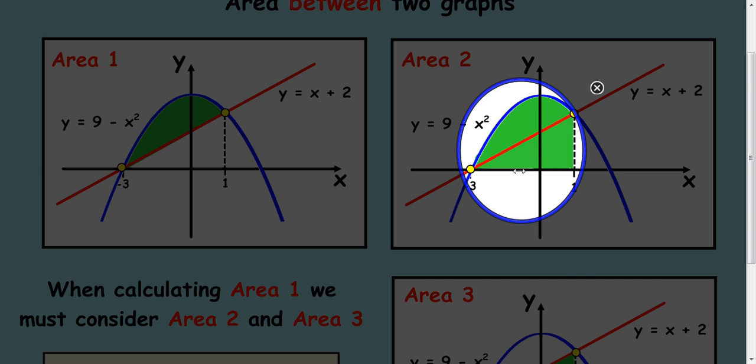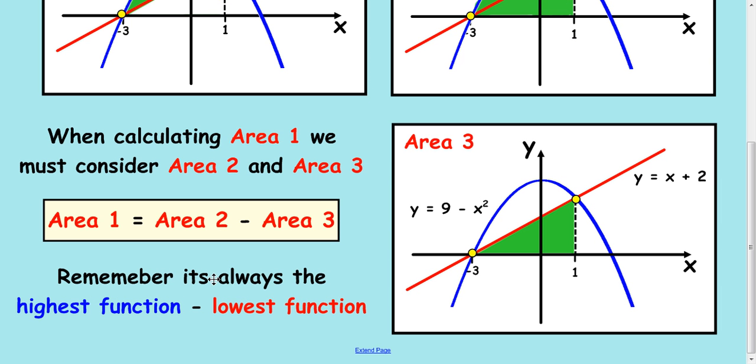If I look at this point here, say that was -1, and I go up, then the red function is lower than the blue function. Over here as well, the red function is lower than the blue function. So that counts as our upper function, the parabola. And the red function counts as our lower one. So it's always highest function take away lowest function.